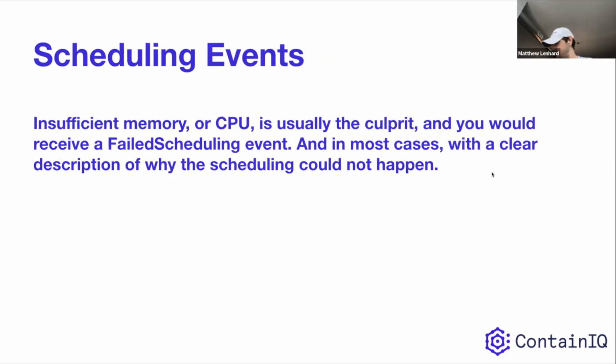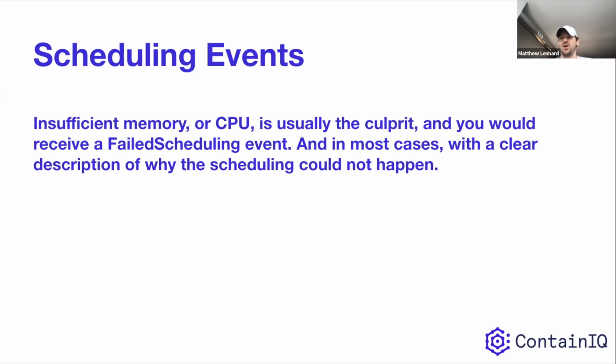Next is scheduling events. This is similar to your lifecycle events. You can catch failed scheduling through the scheduling events. An example is you might want to set an event alert on failed schedule.